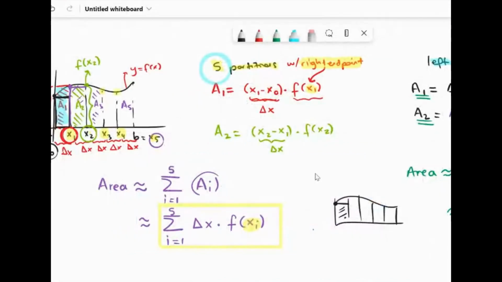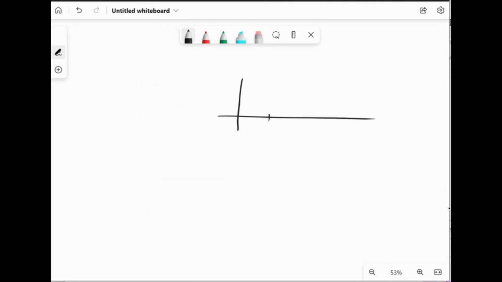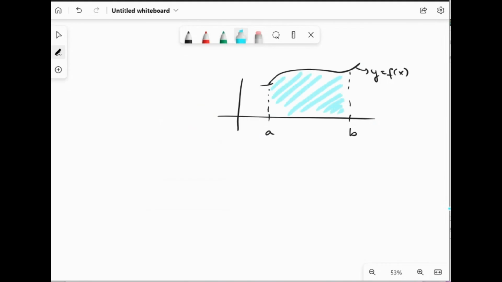Let's say we have a region between a and b. This is the graph of y equals f of x, and we would like to find the area under this curve between the points a and b.